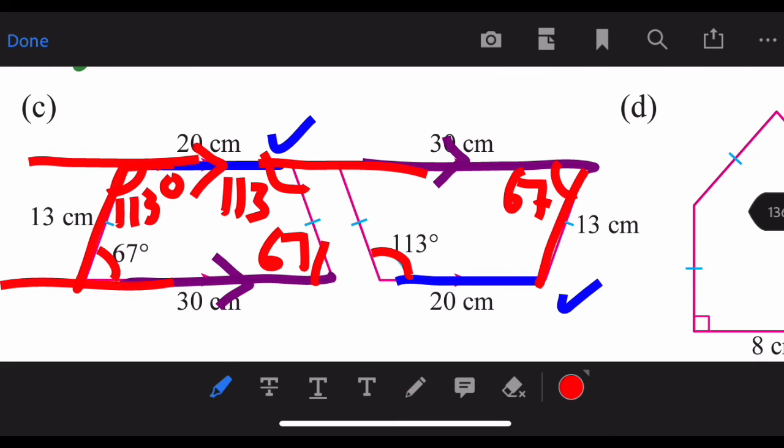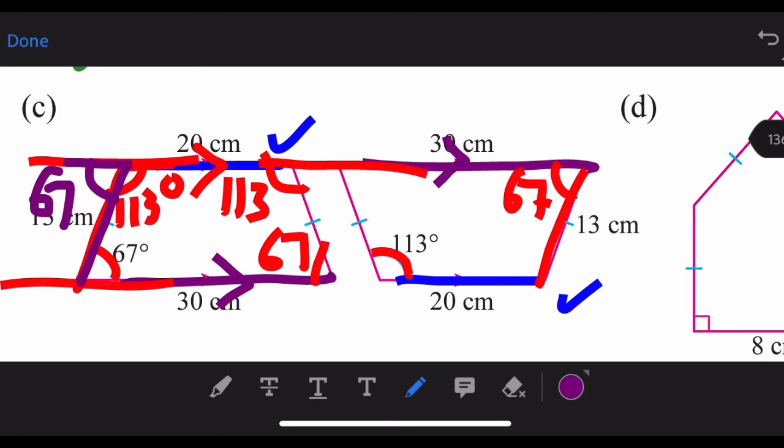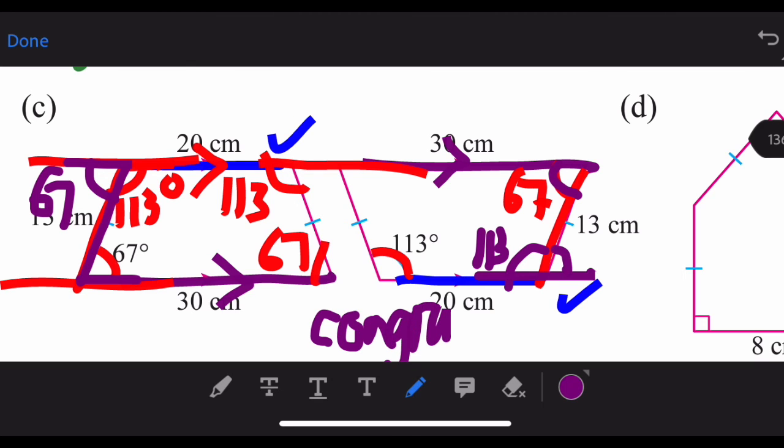This one is actually 67, right? Can you see that? This two also 67. This is 113. Looks okay, so I think this is congruent.